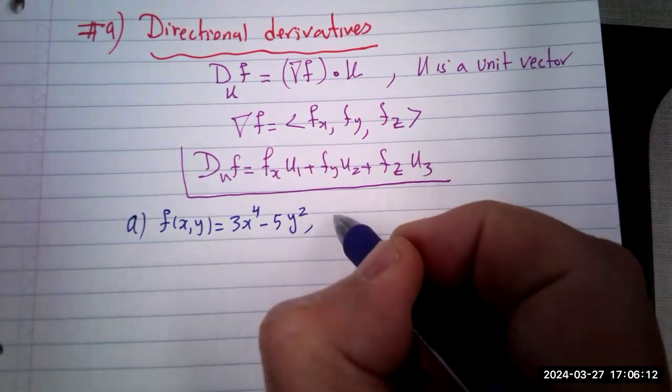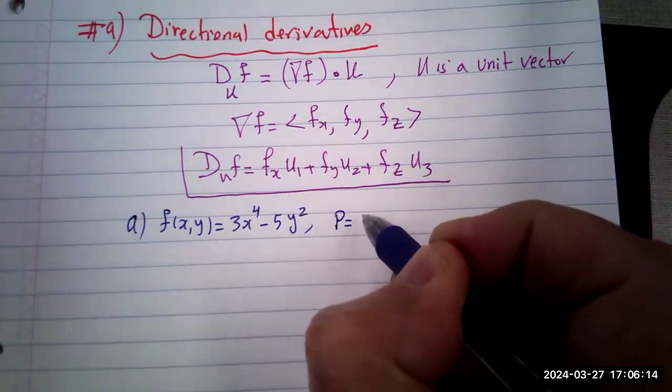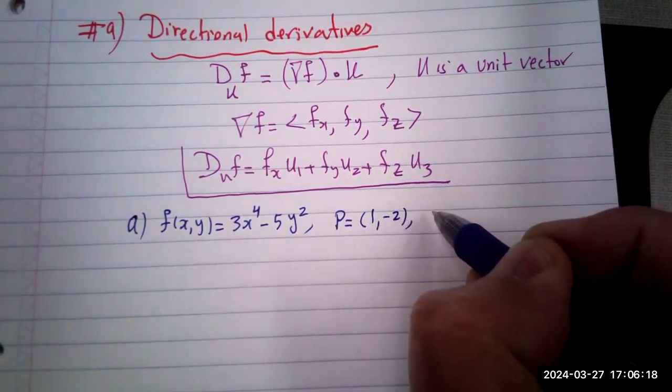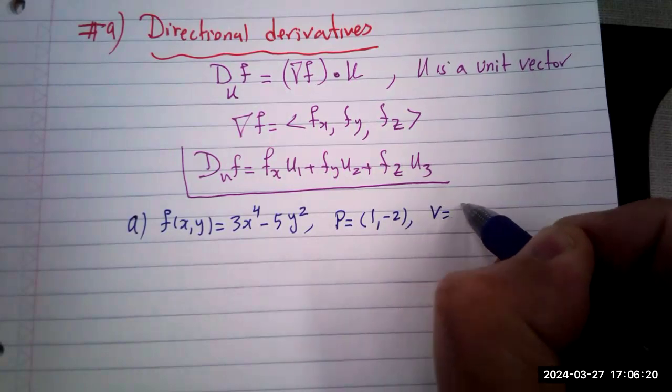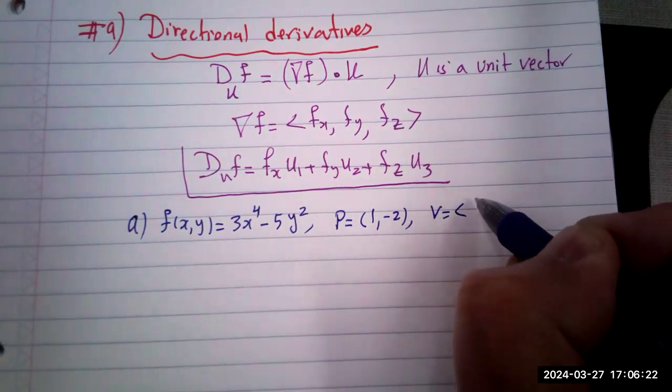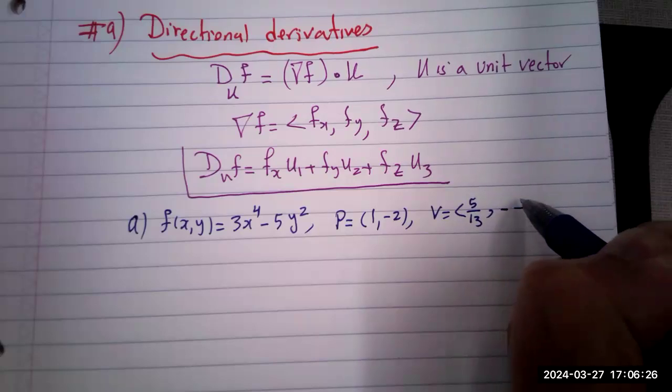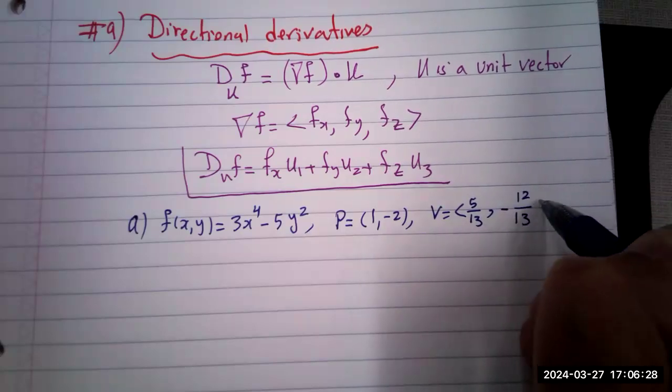You need a point. The point is given to you: (1, negative 2). And you need a vector. The vector given is (5 over 13, negative 12 over 13). That's it.